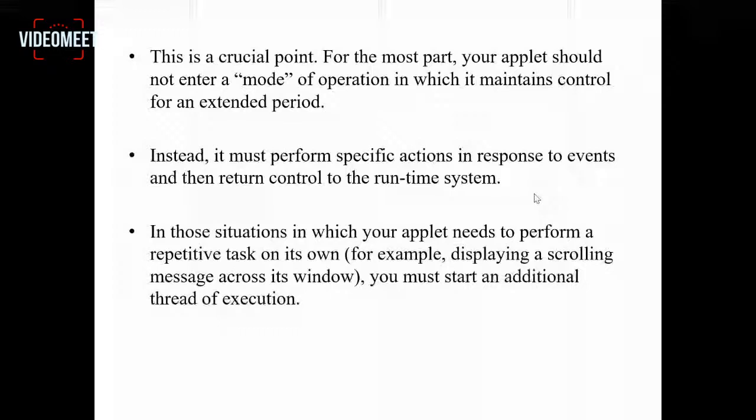So that means what? In a normal scenario, the applet will take the control from the Java runtime system for a very short period, perform its task and return the control to the Java runtime system. But if your applet has to do some work which is continuous, that means it has to repeatedly do the same task again and again for some period, then in that case we need to create a separate thread of execution so that the thread will be performing this activity.